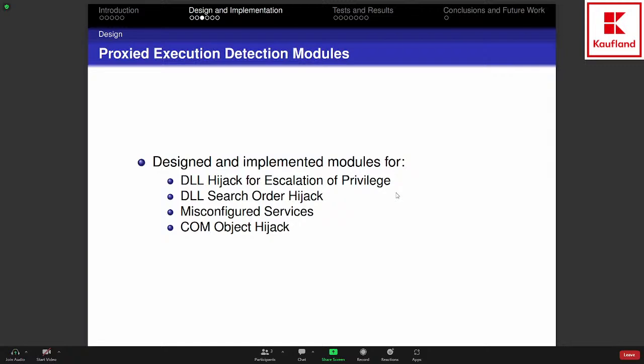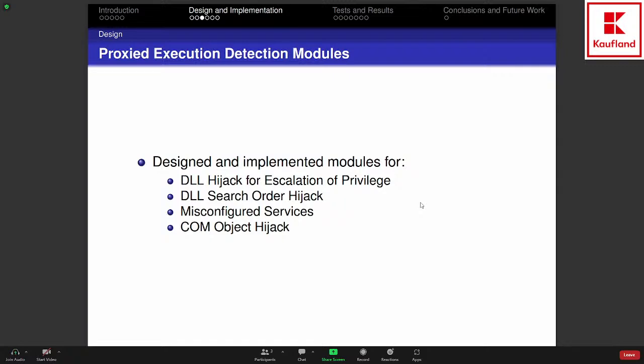You have misconfigured services, a very important component of the operating system. Their configuration is stored in the registry, and it sometimes happens that those configurations are incorrect, or can be exploited, or they are improperly secured.